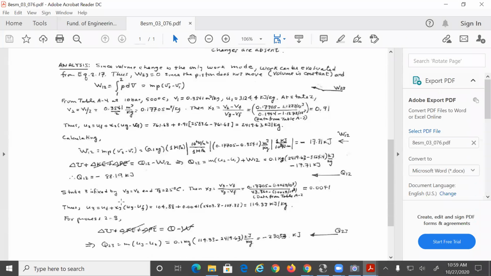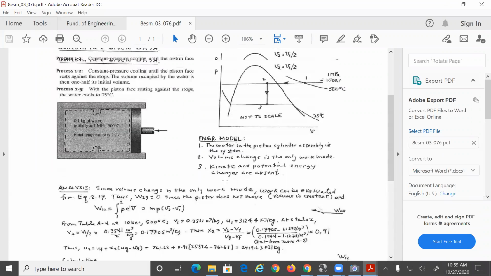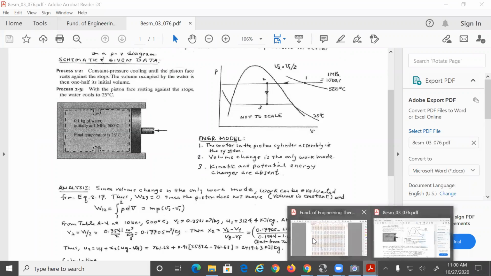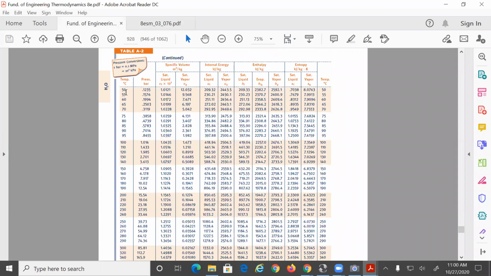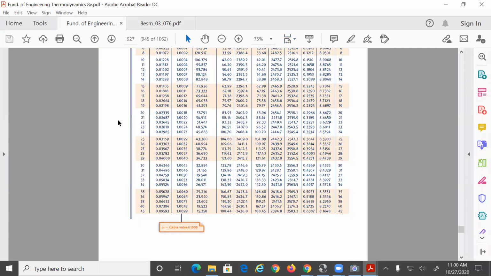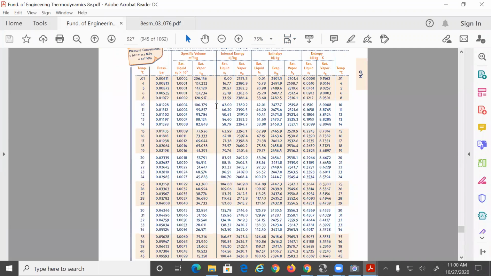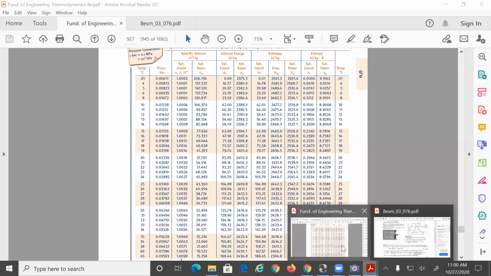You need to calculate the new x3 by finding this value and this value. You know V3. V3 will be equal to V2. Yeah? From this curve at 25, we should be in table A2. Table A2 at 25. You know the values for VG and VF, no? You do as before in order to find X3.